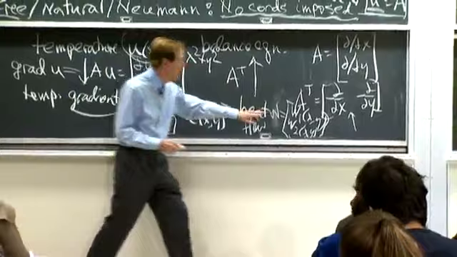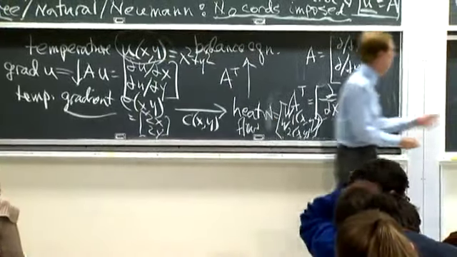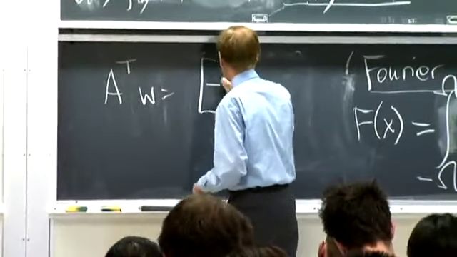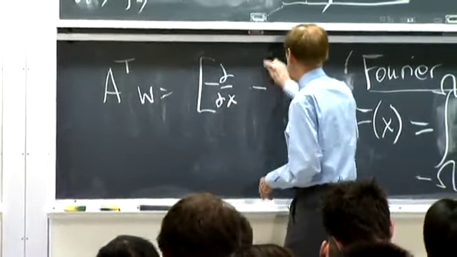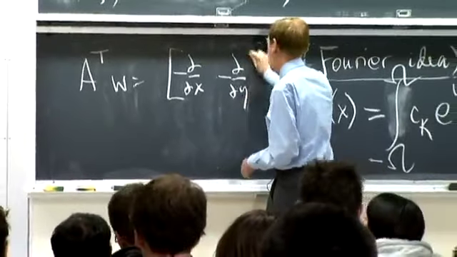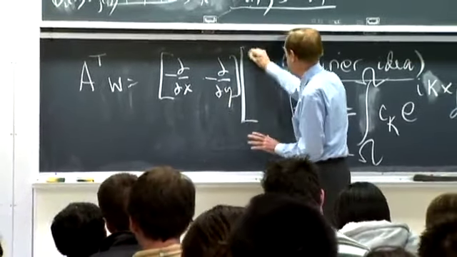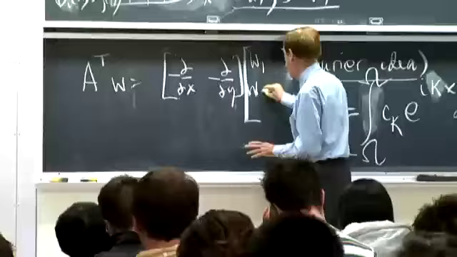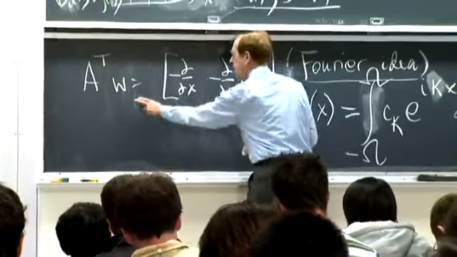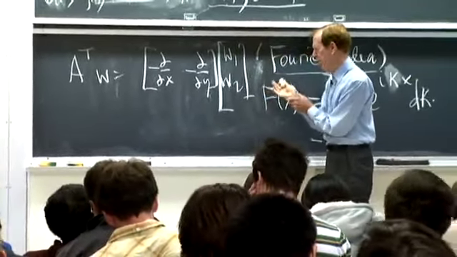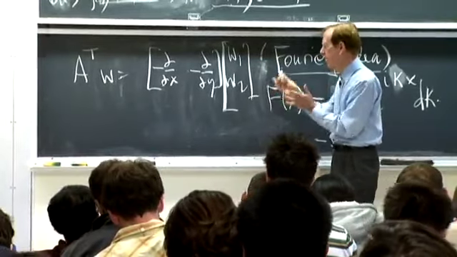So it's that I want to apply A transpose to. A transpose W is minus d by dx, minus d by dy, and everything's coming out right because it's applied to a function W1 and W2. W is a vector field. It's not a scalar field, it's a vector field.